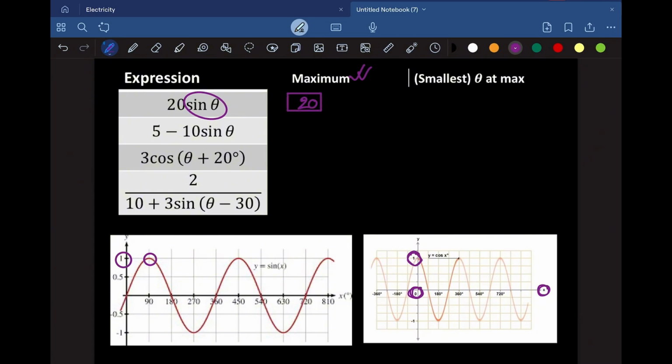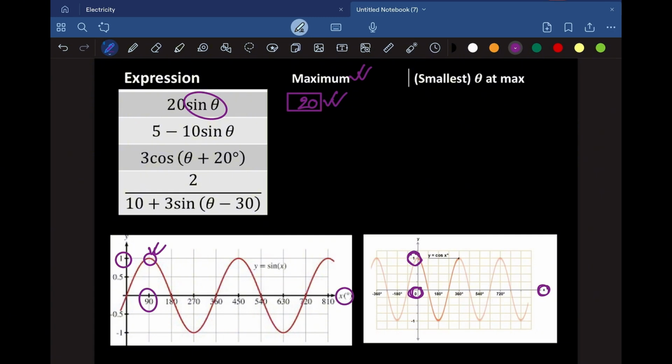Now the second one is a little tricky. Here they have asked us to find the smallest theta where this maximum value happens, the smallest degree at which the maximum value occurs.